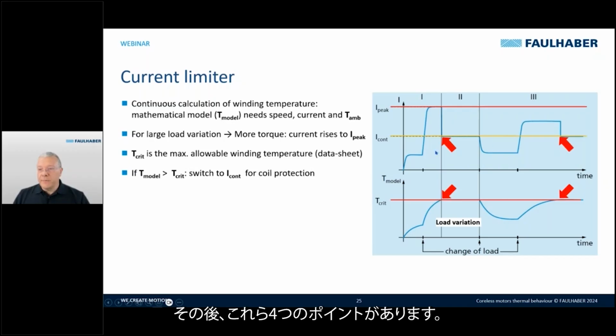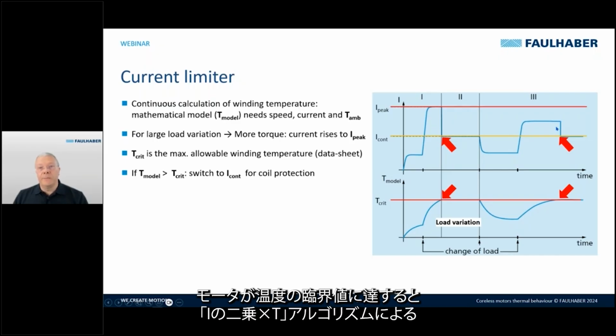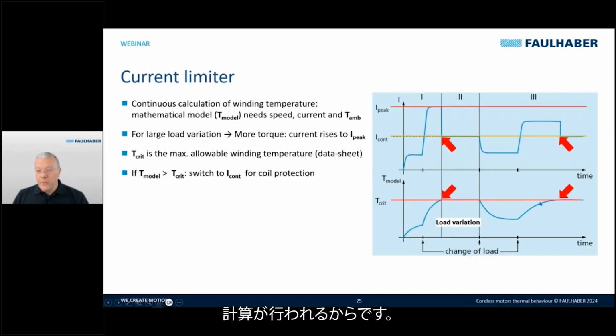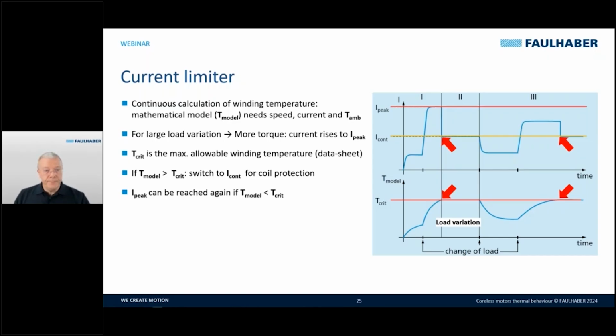Then after that, you can see 4 points, and you see here we have a larger current for a longer time, because the I squared T algorithm calculates when the motor reaches the critical temperature. So this is not a fixed value. This depends on the energy dissipated from the motor.